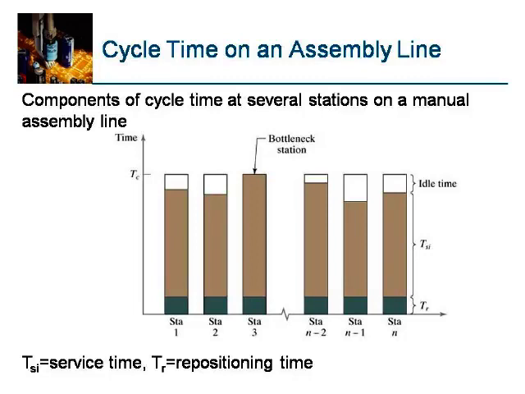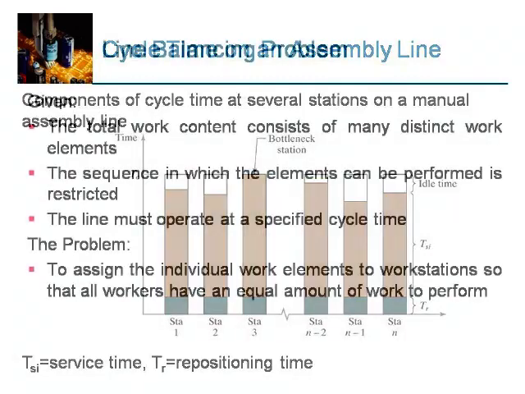This idle time is a leverage time, and this time can be used for repositioning purposes. And in this workstation there is no idle time, and this is going to be the bottleneck. This is called a bottleneck station, where the time is very tight, and prior to that a lot of slack time is there, and the work parts get blocked here, and the workstations after this will be starved.